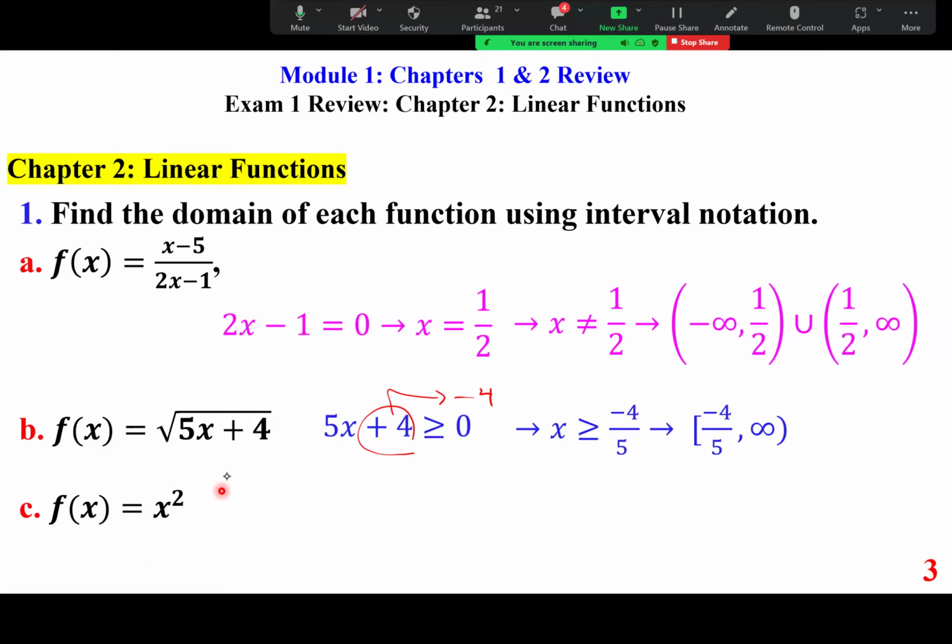This is a polynomial of degree 2, or a quadratic function. Therefore, the domain is all real numbers. Quadratic function.